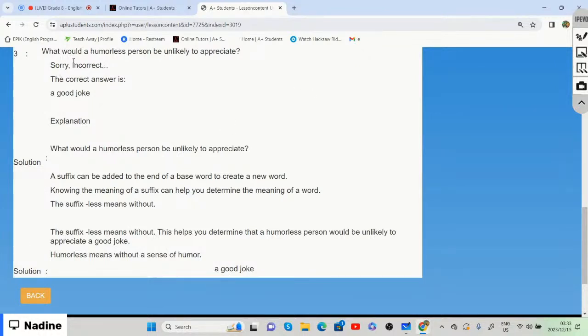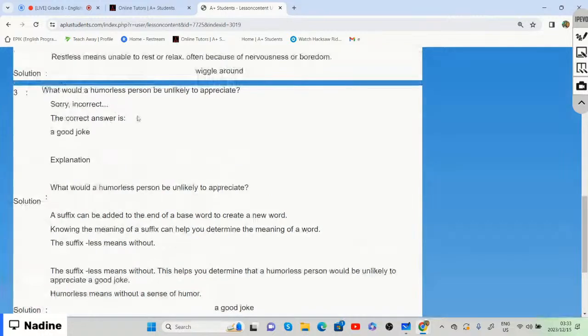So, what would a humorless person be unlikely to appreciate? So, humorless. If you don't have humor, no sense of humor, then you are a humorless person. So, a humorless person is most likely to appreciate a good joke.